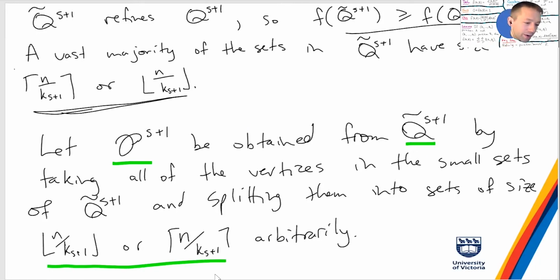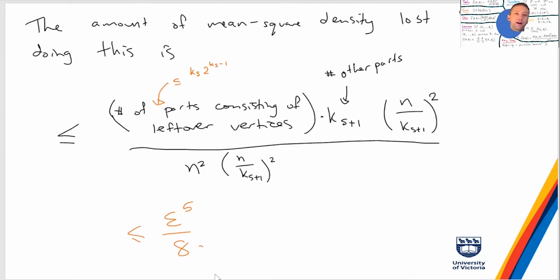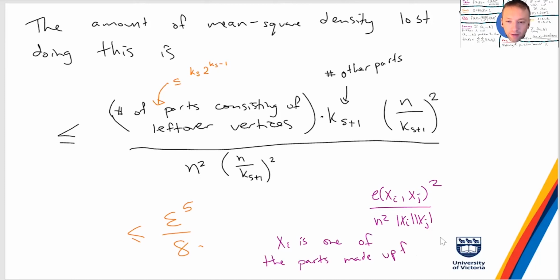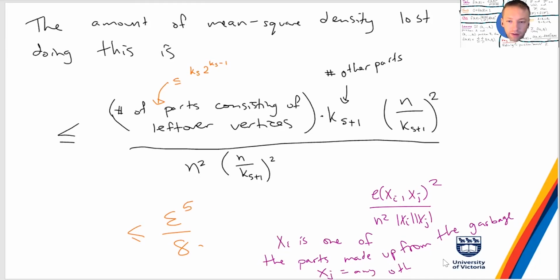Now we have to show that the mean square density didn't go down too much. So what did we lose by doing this? Here I'm computing my F value, this squared over n squared, for Xi and Xj, where Xi is one of the parts made up from the garbage stuff, the garbage being those bad intervals, and Xj is any other part.